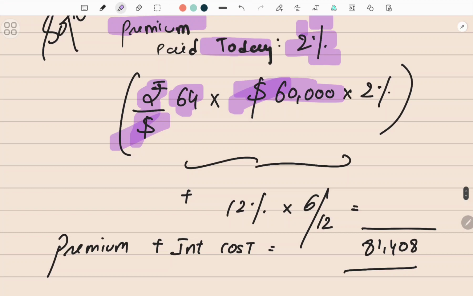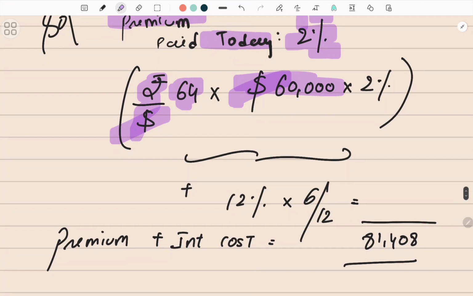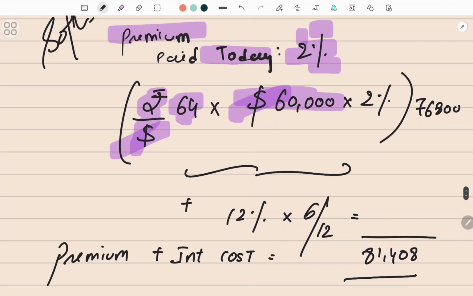Dollar goes, I'm left with the rupee equivalent. 64 into 60,000 into 2% gives me 76,800.